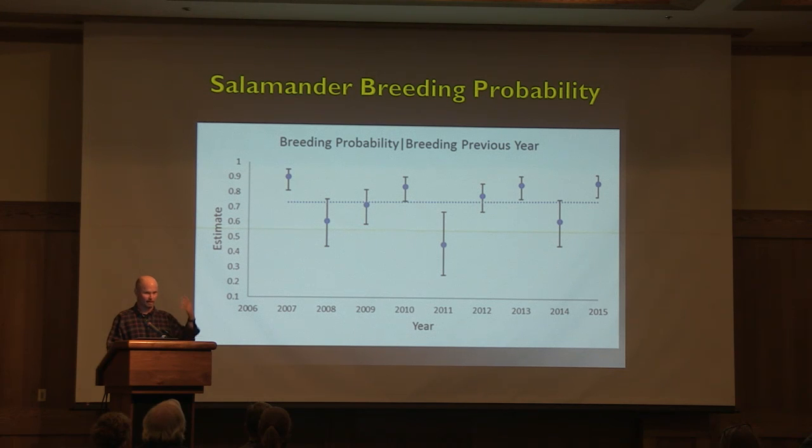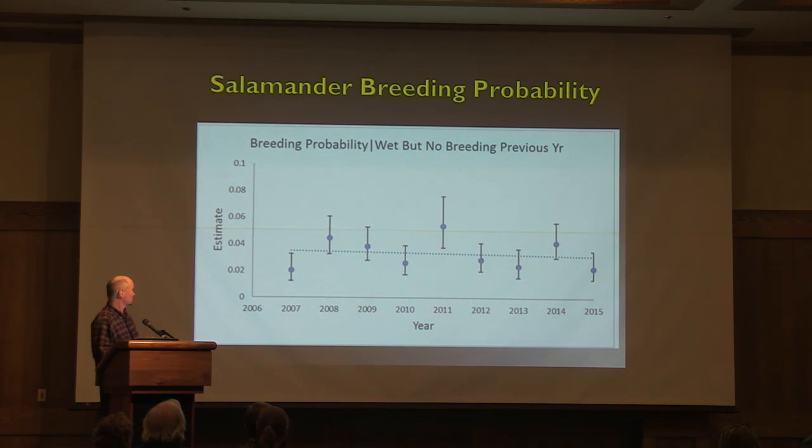They're good sites. They've got breeding in one year, they're likely to have breeding in them again. Notice, however, in these wet years, 2008, 11, and 14, those probabilities seem to be a bit lower for salamanders. Something interesting in there that I hope the biologists will figure out because I don't know all of that. But we're going to talk about that.